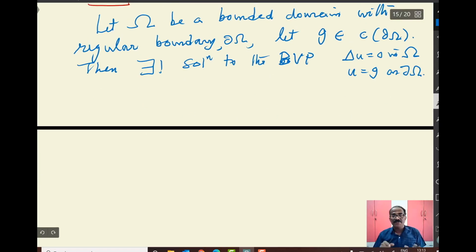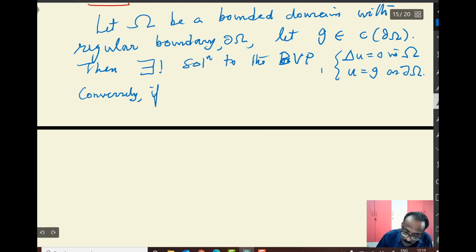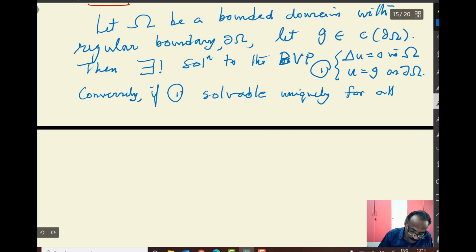That's what I said, the regularity which we have defined is also necessary. So conversely, if the above, let me call it 1 here, if 1 is solvable uniquely for all continuous G, for all G. For some G it may be solvable.